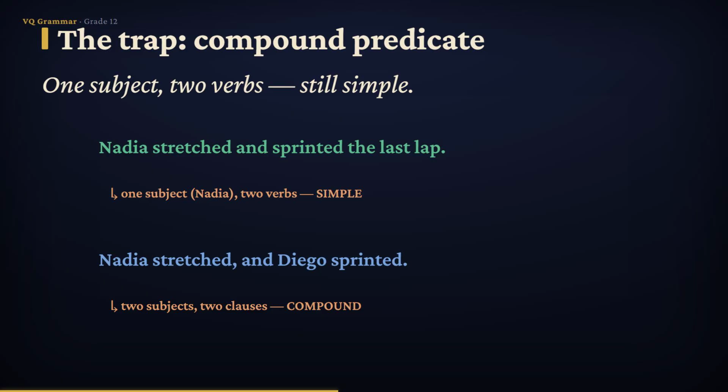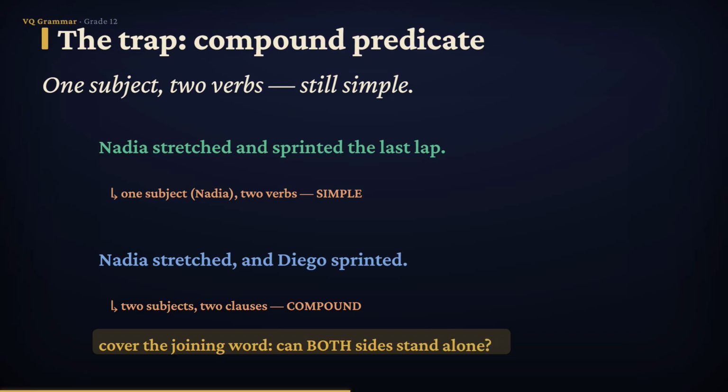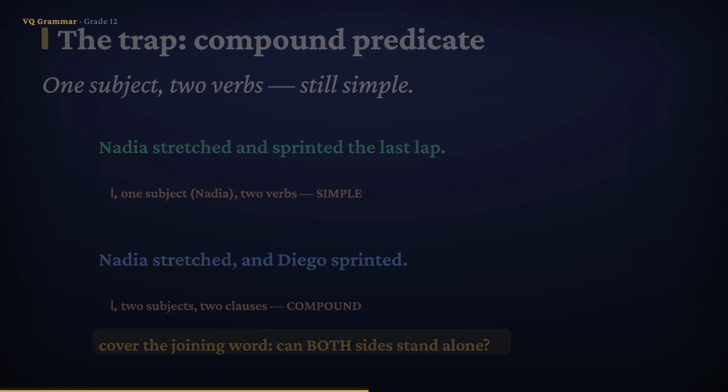Two subjects, two clauses. That one really is compound. So here's the test that never fails. Cover the joining word with your finger and ask, can both sides stand completely alone? If the right side has no subject of its own, it's a compound predicate, and the sentence stays simple.